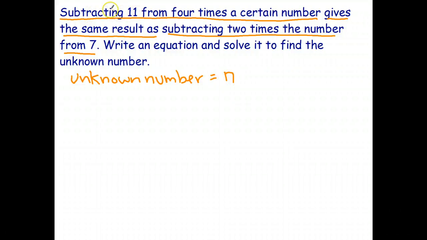Okay, subtracting 11 from 4 times a certain number. So 4 times a certain number is 4n, and I'm subtracting 11 from that.